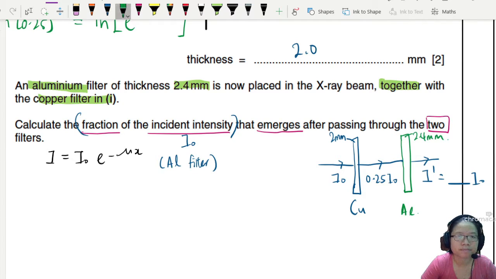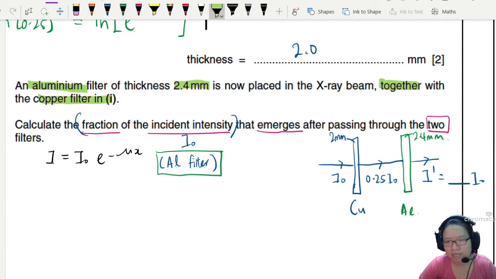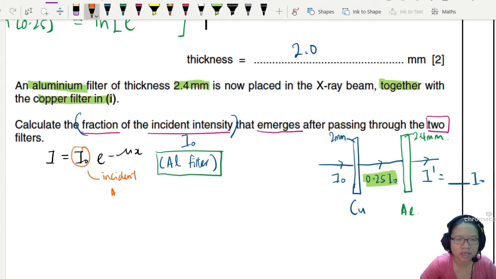If you want to use it for the aluminium filter, we have to understand that from the perspective of the aluminium filter, this 0.25 I0 is the incident one. So when you use this equation, this I0 is the one incident on the aluminium filter, and this I is the one that passes through the filter.